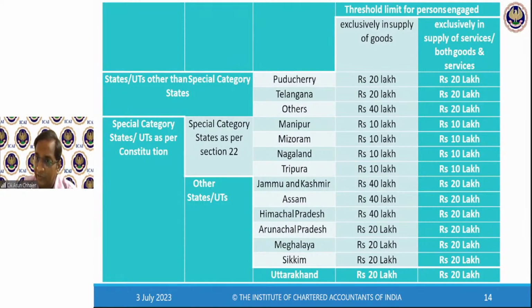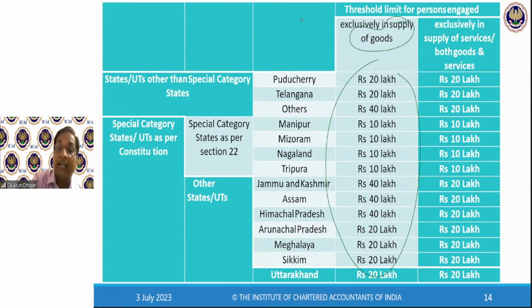This chart I have taken from the institute's study material only. So please read this chart carefully. See, if you are exclusively engaged in the goods, ideally the limit should be 40 lakhs, correct? But for Puducherry and Telangana, the limit of 40 will not be there. Why not? Because just now we discussed one notification. Correct.